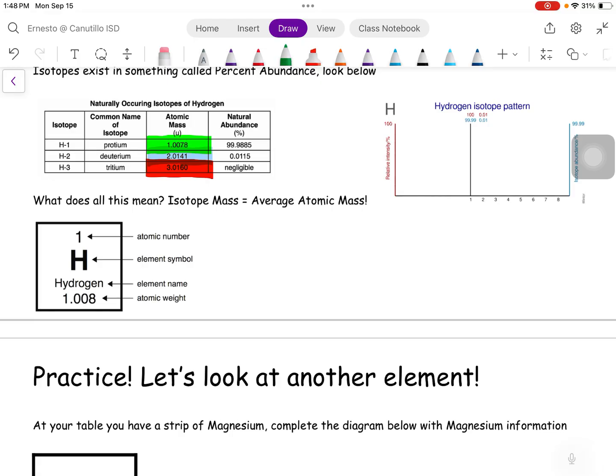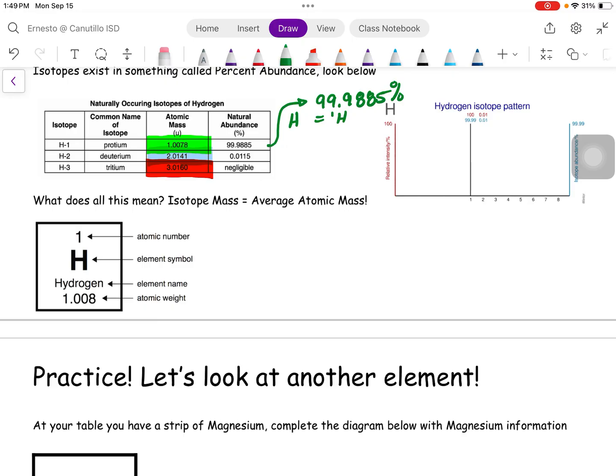What does that mean? That means that if I got a sample, a jar, and filled it up with hydrogen, and I was able to analyze each individual atom, I would see that 99.9885% of all the hydrogen in the jar would be the isotope hydrogen 1.